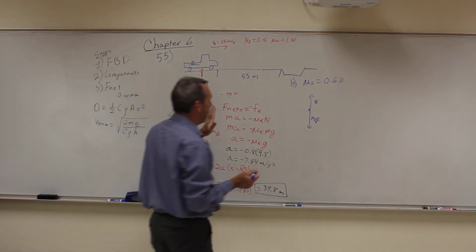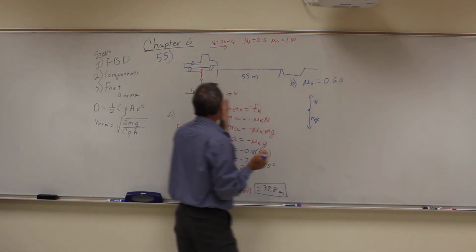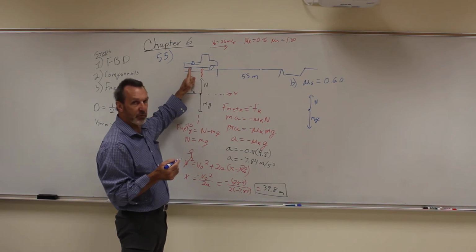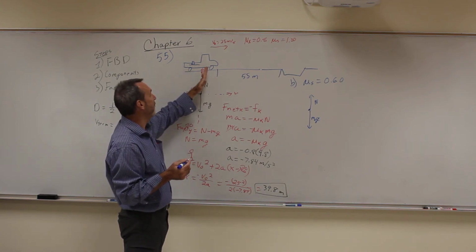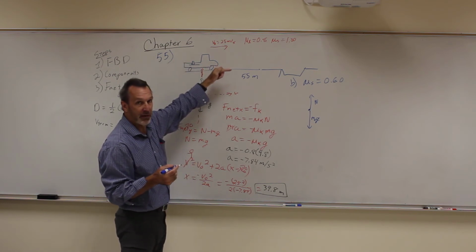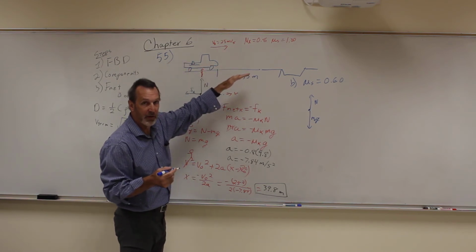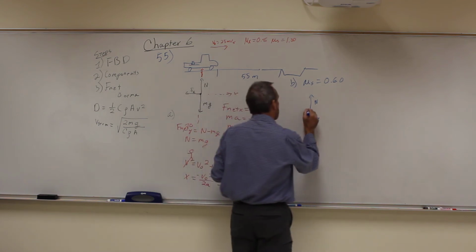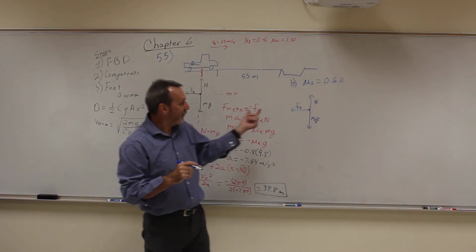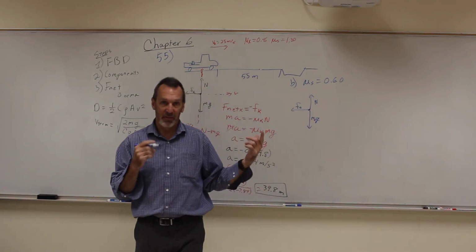So what we have to do is figure out what's keeping it from moving. So think of it this way. When I slam on the brakes, which way is the vase going to try to move? The vase is going to try to move that way because it has its inertia, it's moving that way. So friction's going this way. So we have static friction on the vase, and if that static friction is greater than our acceleration, then the vase will survive.